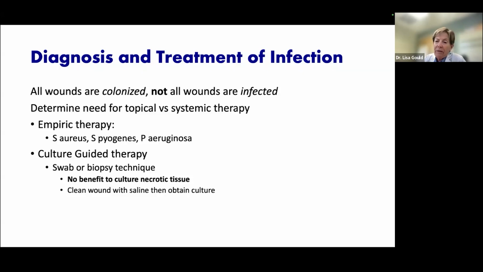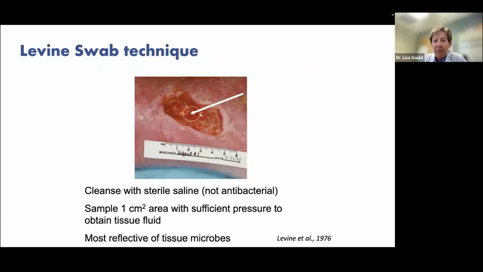But there's no benefit to culturing just necrotic tissue. That's going to have multiple organisms in it, and then you are stuck with trying to figure out what to treat. What you want to do is clean up the wound first and then get the culture. The Levine swab technique is tried and true. I mean, the date on this publication, 1976, right?